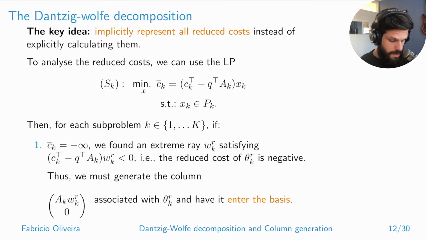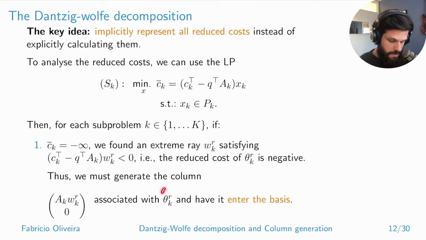And that means that you just found something satisfying this condition. So it's a direction with negative reduced cost. So what you do is you generate this column, which means you're going to get this variable and make it part of the basis.